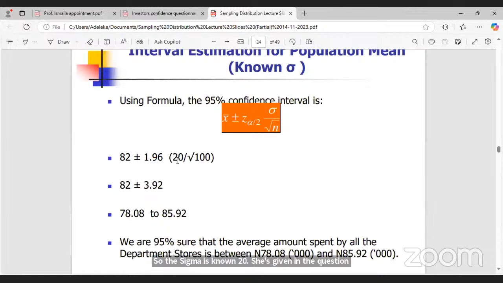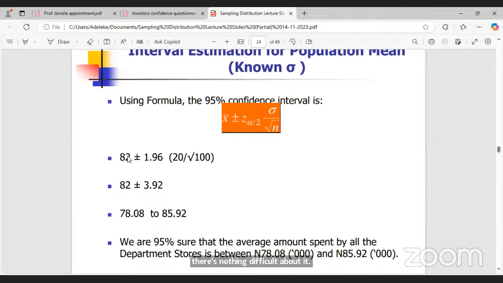The population standard deviation is 20. 100 customers have been selected. Our n is 100. It's also given in the question. And then we're also told that out of that 100 selected, the average amount spent by them is 82,000. And that's why you have the 82 here. There's nothing difficult about it.